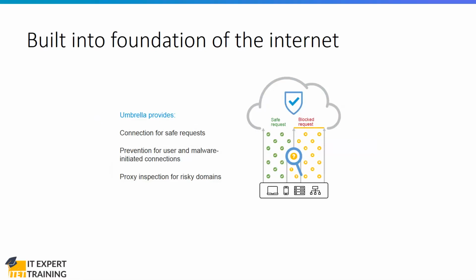There is a sandbox. So if it is not available in the Umbrella database, then it will be sent to the sandbox, where it will get fine-tuned and get the input and do the research analysis for the deeper inspection. Okay, so that's how it works. It's similar to your proxy inspection for all your proxies.